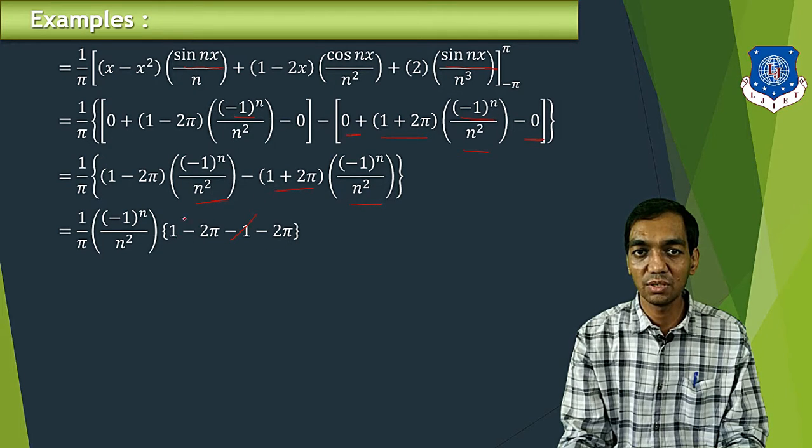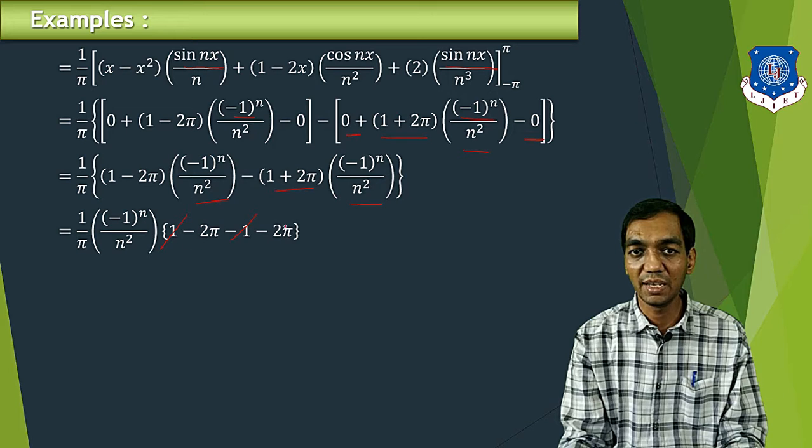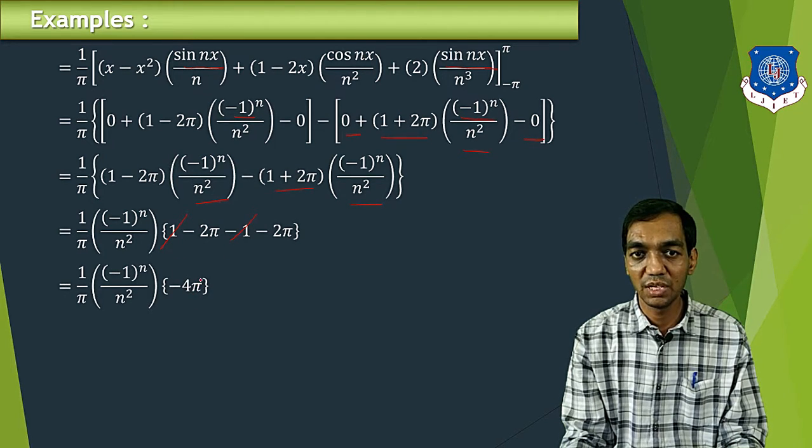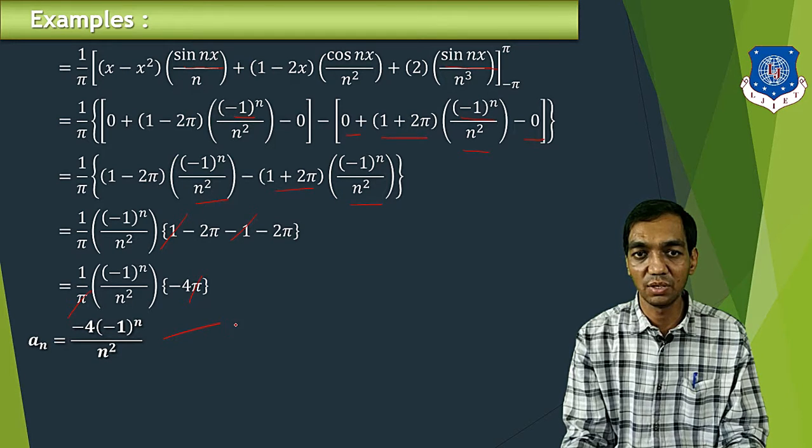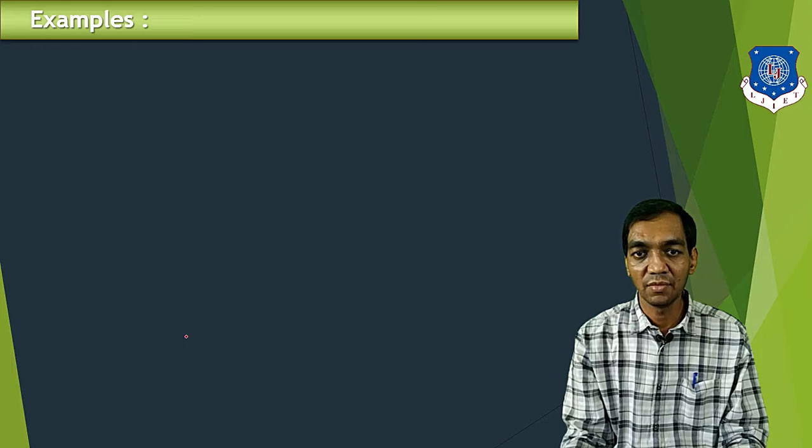So 1 minus 1 cancels out, and you will have minus 4 pi. From that pi will be cancelled out, and if you simplify, you will have the answer minus 4 into minus 1 raised to n divided by n square. Correct? This is your answer of a_n.